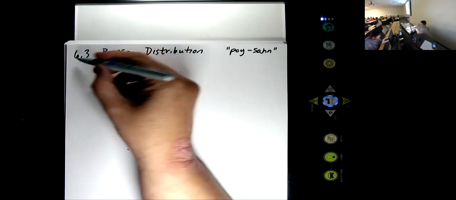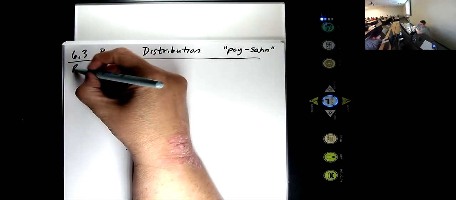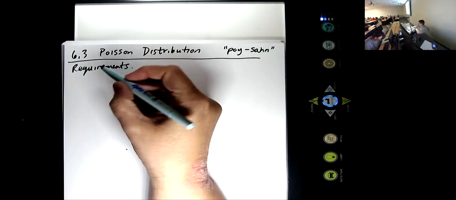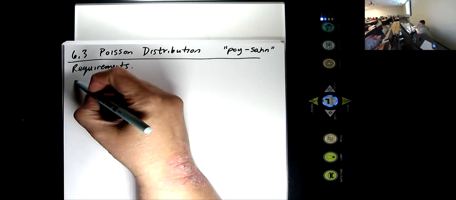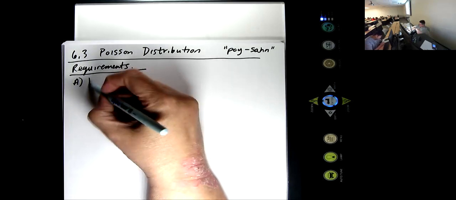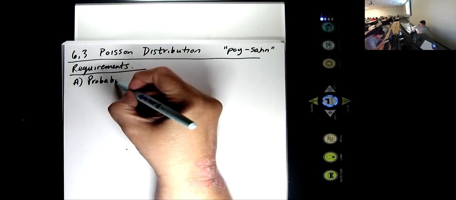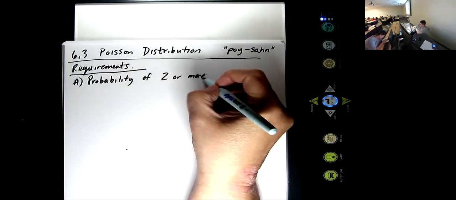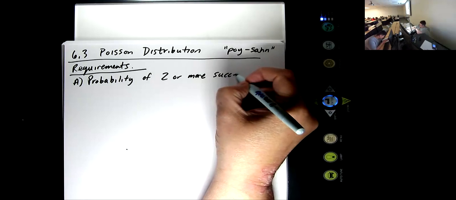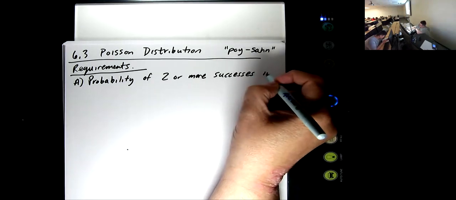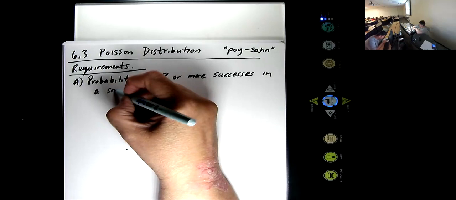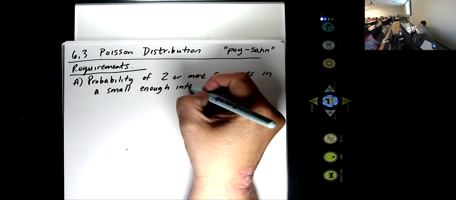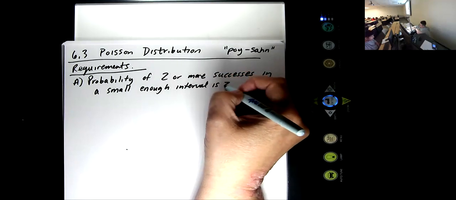So requirements. The probability of 2 or more successes in a small enough interval is 0.